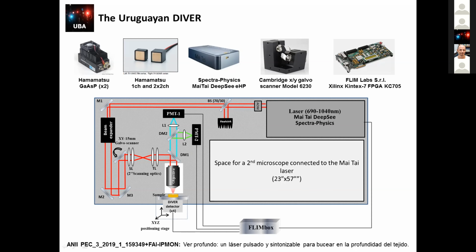We will use the same scanner as the other, and we will be using this new 4-channel FLIM box based on the development of Alessandro Zeta from Film Labs in Italy, which are really nice cards that can go up to gigahertz frequencies.